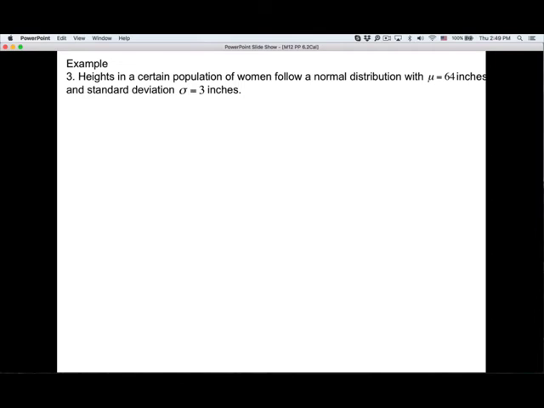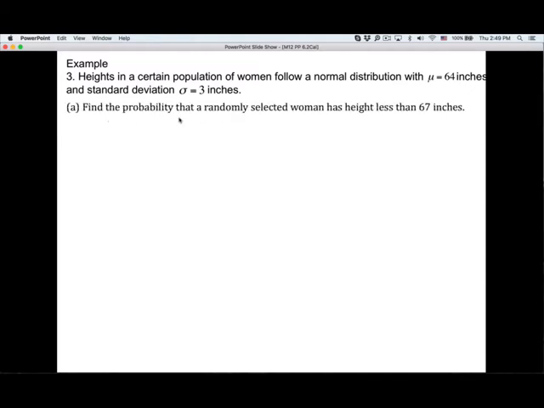Okay, example 3. Height in a certain population of women follows a normal distribution with the mean 64 inch and a standard deviation equal to 3 inch. Again, we have a mean not equal to 0, standard deviation not equal to 1. So you know you have a non-standard normal distribution.